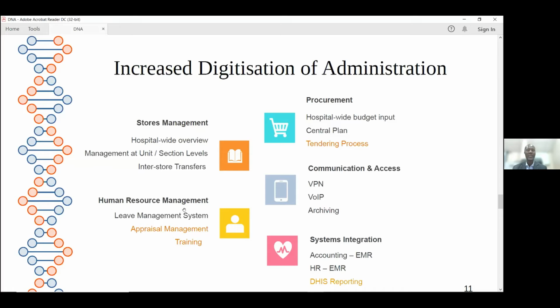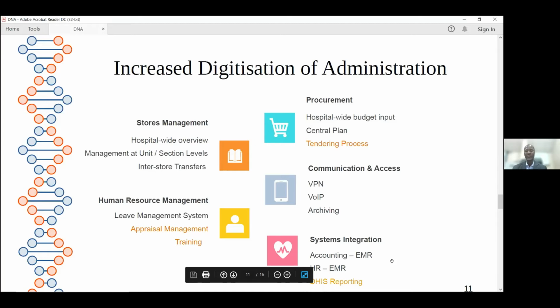There's also a leave management system that runs on the network. Procurement, the ones in orange are yet to be implemented, and we hope to do that in the coming year. By virtue of the wide area network, we are able to do VoIP calls, and then systems integration. We are looking at integrating with the DHIS.